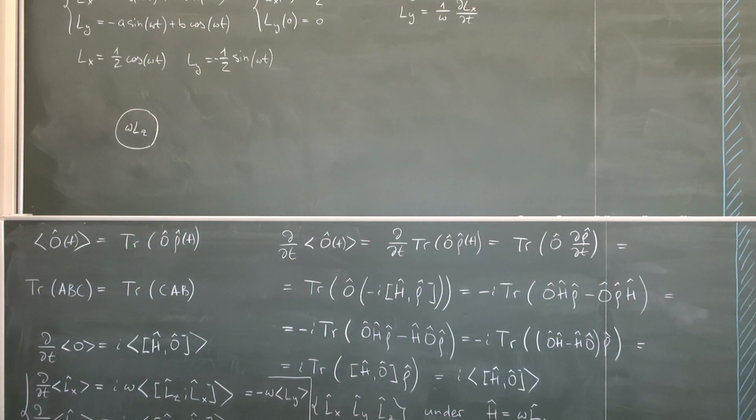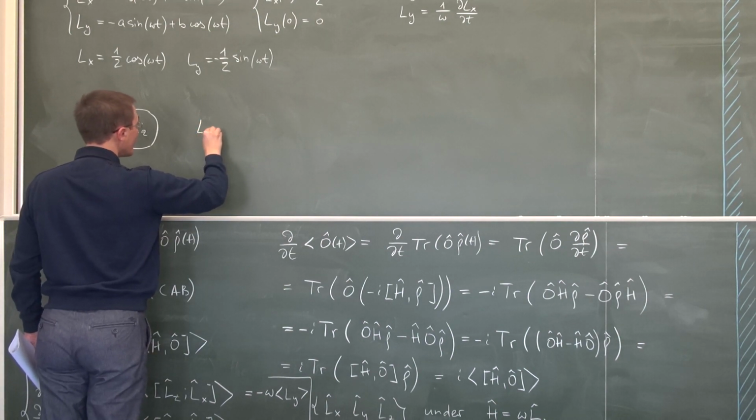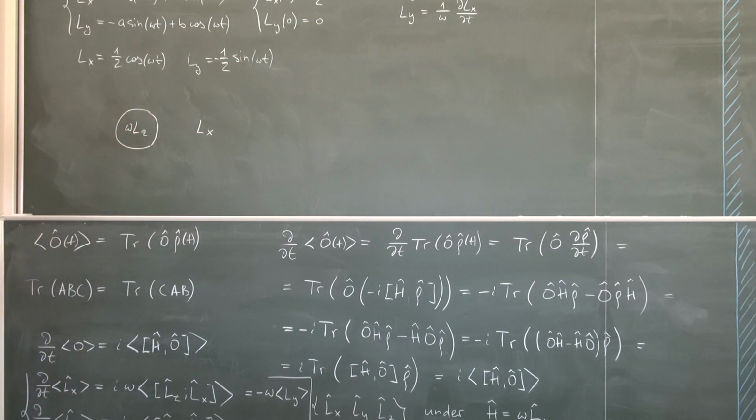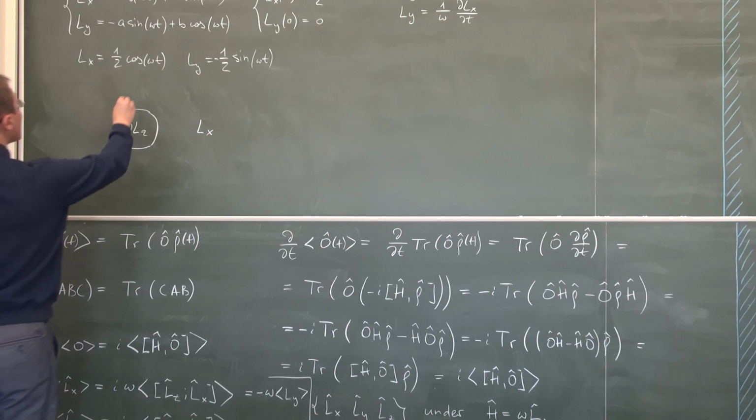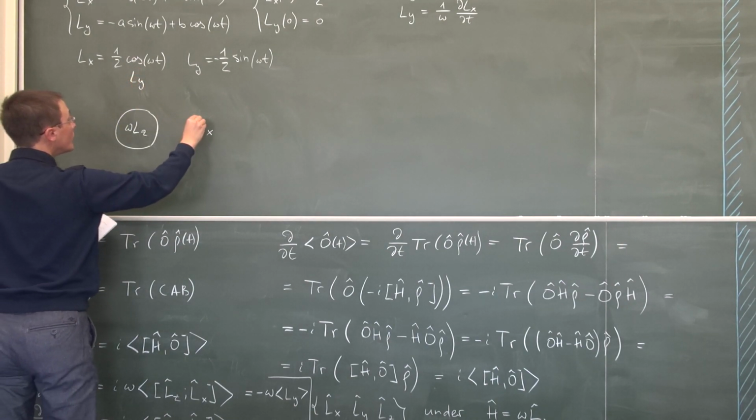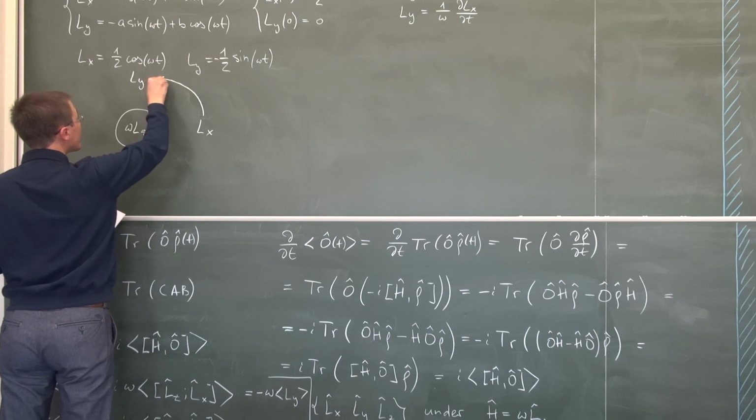And what was happening under it, if you look at how the evolution unfolded, we had Lx, and that Lx was rotating through the cosine and sine relationship into Ly. Right? So we would have Ly here, and then there's a rotation.